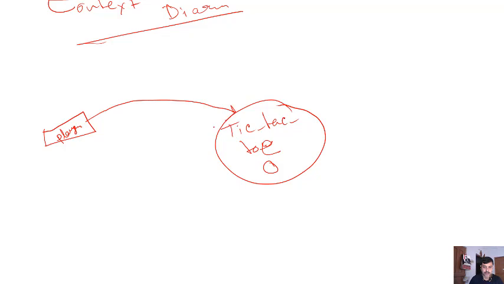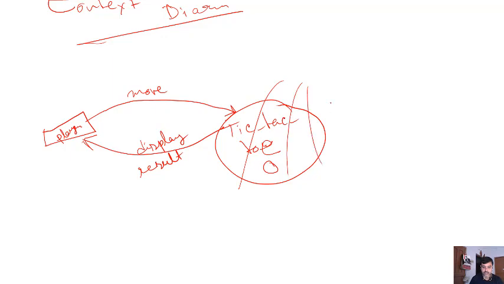It gives data to tic-tac-toe, and that data is some moves, and tic-tac-toe gives the player the display of the board and the result. Okay, so this was the context diagram of tic-tac-toe. Now we further decompose this tic-tac-toe into several functions.